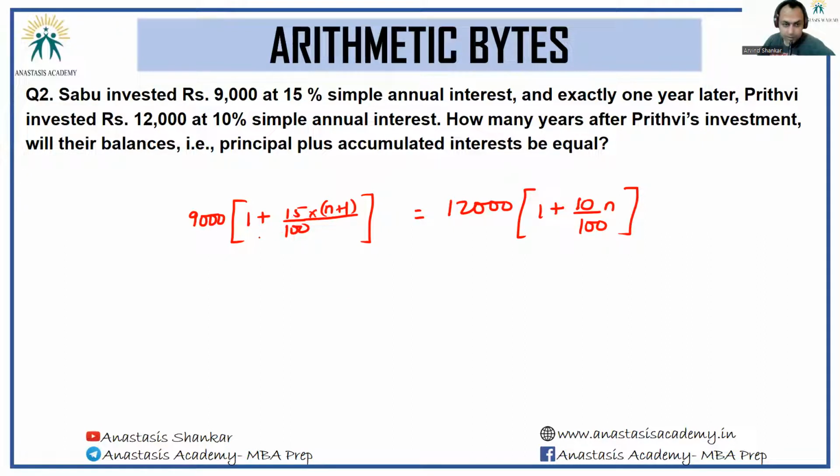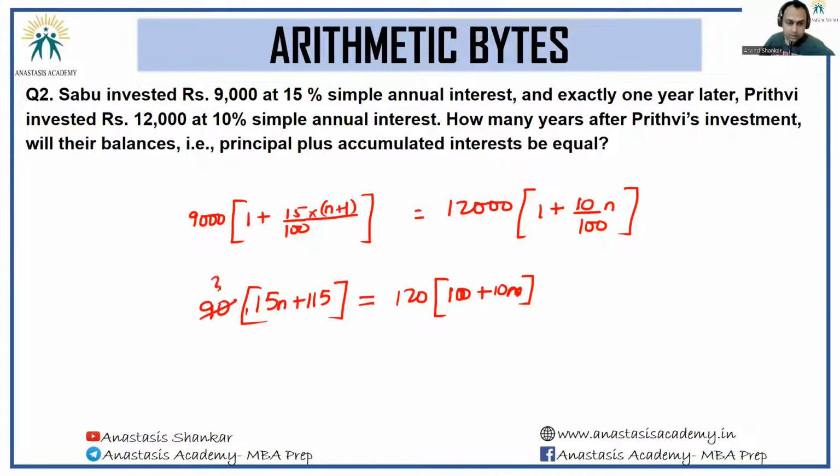Cool. So we have to get now, this goes here, 15n plus 15 and 100. So 15n plus 115. And on the outside, I'm left with 90 because 100 gets cancelled. On the RHS, I get 120 into 100 plus 10n. Okay.